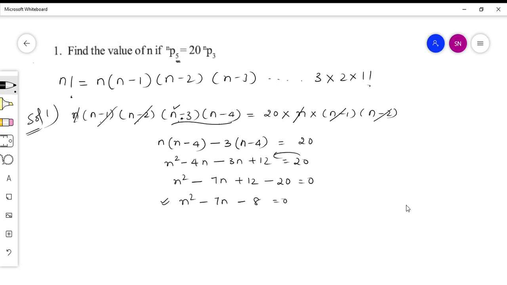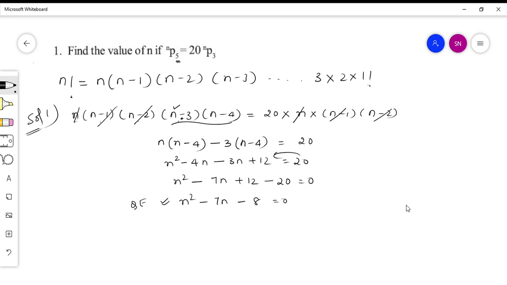Now this is a quadratic equation. Correct, no? Now quadratic equation can be solved in two ways. Either by splitting up of the middle term or by using formula. Correct, no? One more hint I would like to tell you all, my dear children.